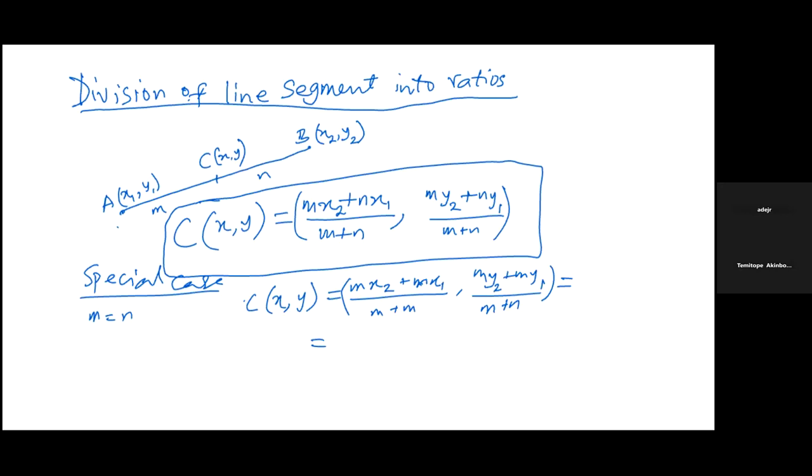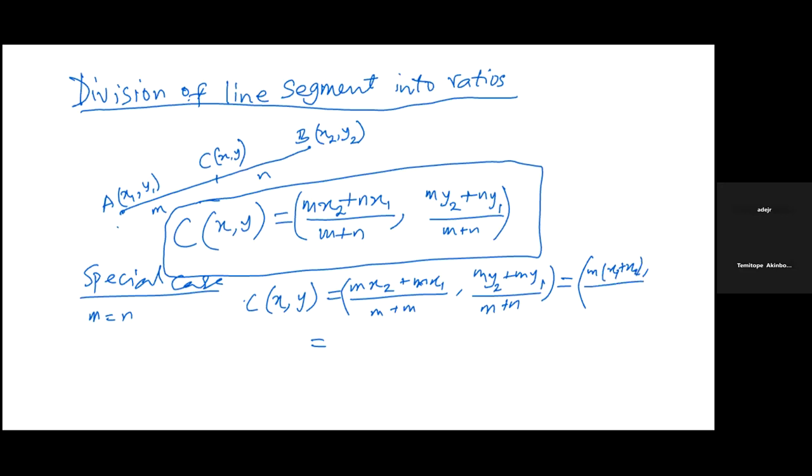That will be M into (X1 plus X2) over 2M, comma.